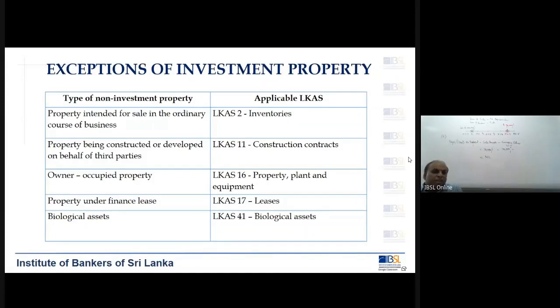Then property under finance lease is covered under LKS 17. If it is a lease arrangement, again, you are not supposed to consider it as an investment property. And lastly, the biological assets, that is the tea plants we were talking about in the tea estates, or mineral reservoirs. All those are covered under LKS 41, which is biological assets. So these are the exceptions to LKS 40.